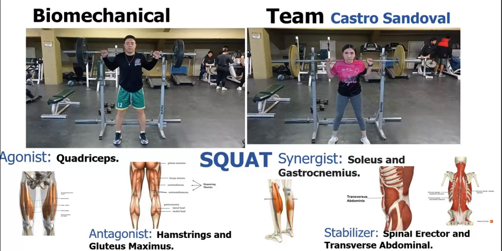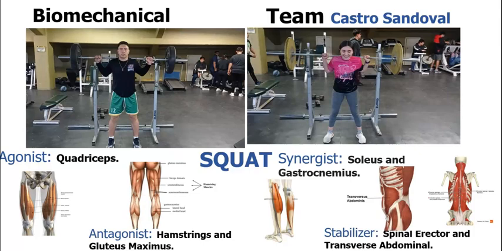We have the synergist muscles too in the squat. They include muscles like abductors and the calves. The abductors assist in stabilizing the legs, while calves help with ankle stability, ensuring proper posture and movement through the full range of the squat. And finally, the stabilizer muscles are in the core.